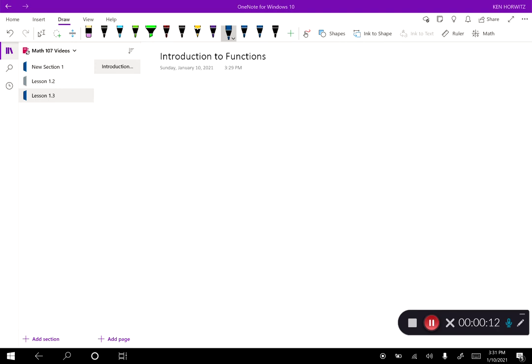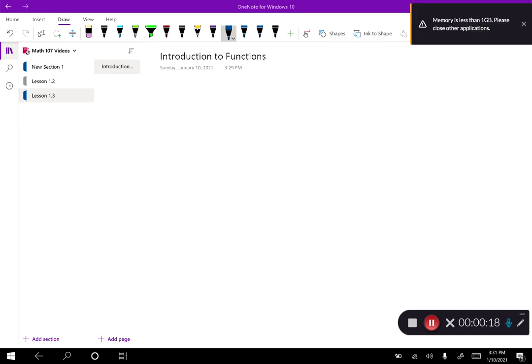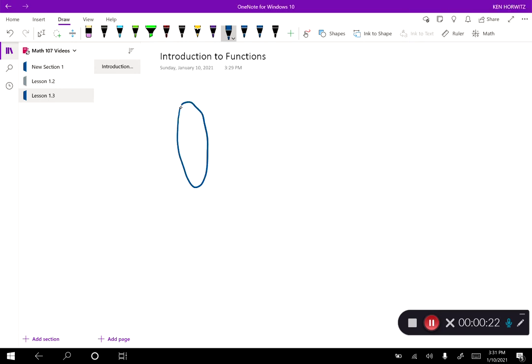Again, a function is a subset of the relations, meaning all functions are relations, but not all relations are functions. Very often we use an arrow diagram to represent our domain and range.